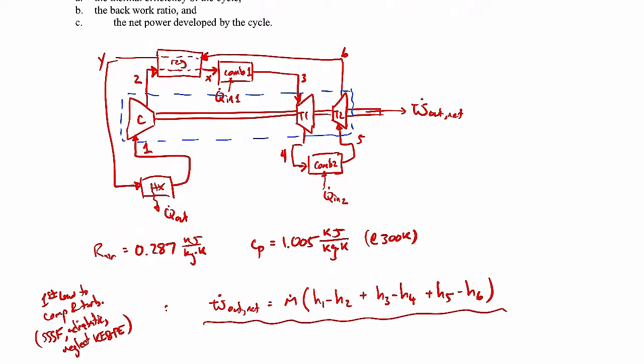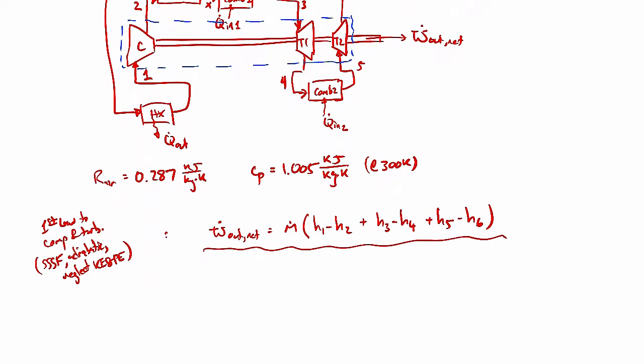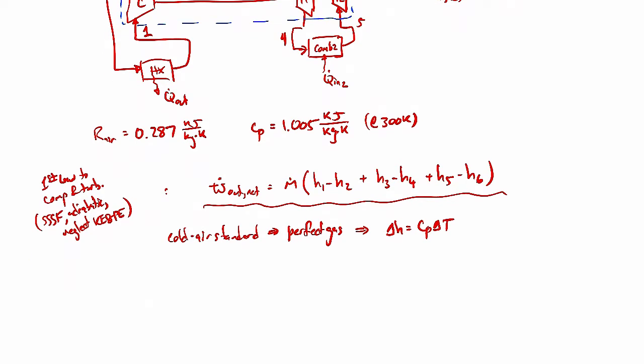Okay. Since we're doing a cold air standard analysis, just keep in mind that we assume we're dealing with a perfect gas, meaning the specific heats are constant. So that means that delta H would be like Cp delta T. So I can rewrite that net power out in terms of temperatures.